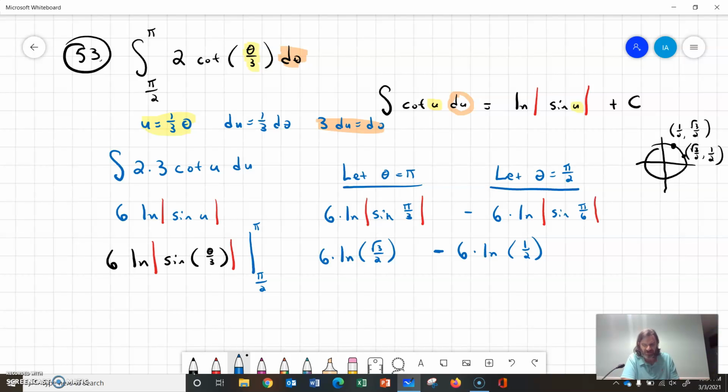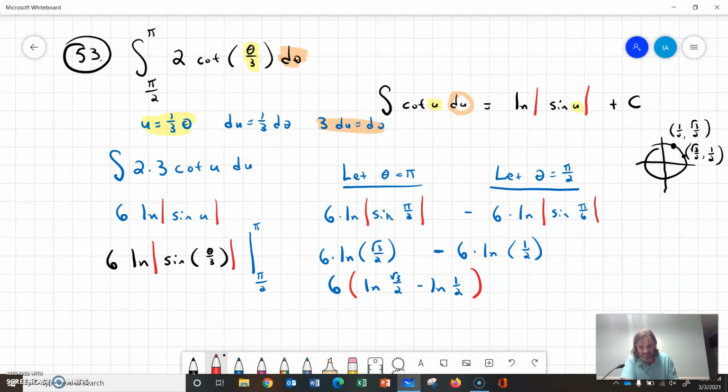So we could pull that 6 out front, and we'll make it 6 times the natural log of square root of 3 over 2 minus the natural log of 1/2.